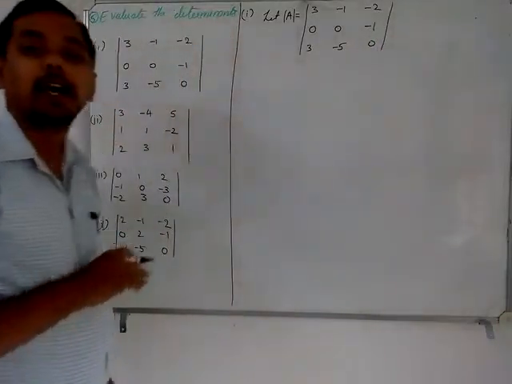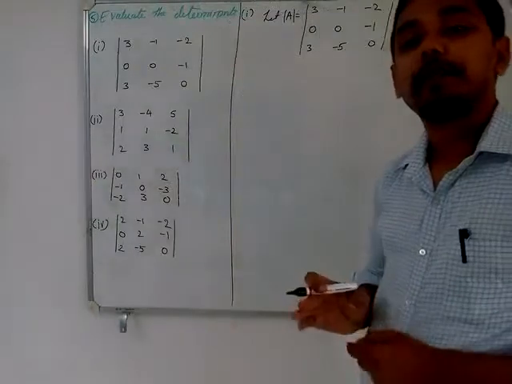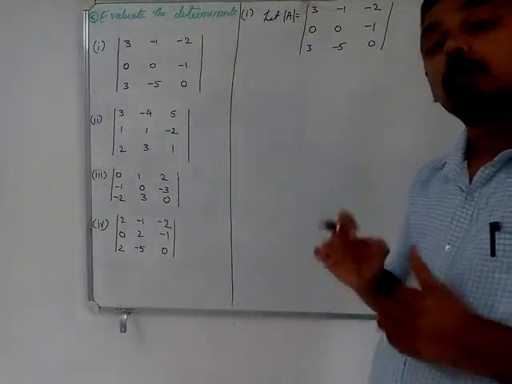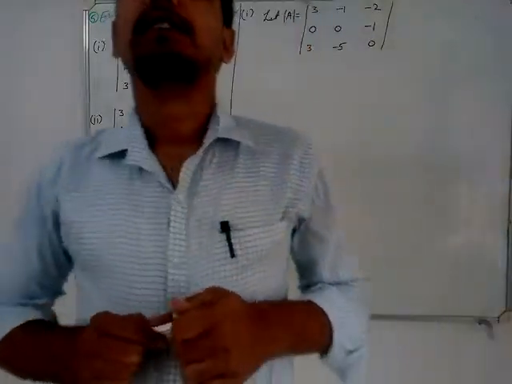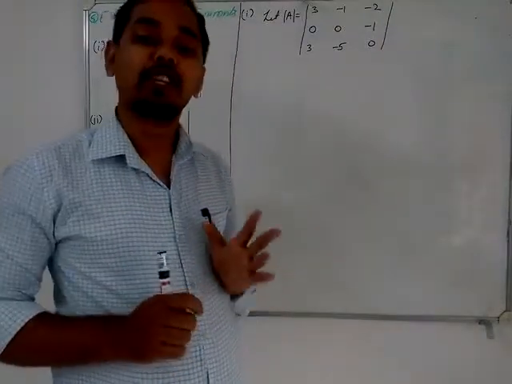Friends, I said you can find the value of a determinant by expanding through any row or any column. To reduce the time, we should select the row or column which has the maximum number of zeros.